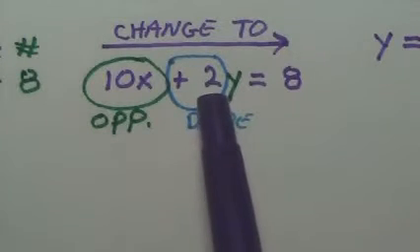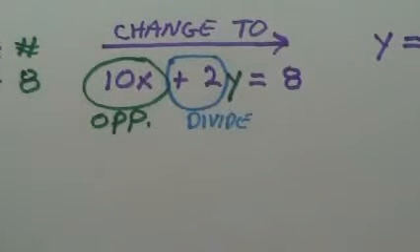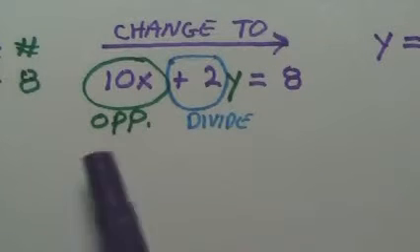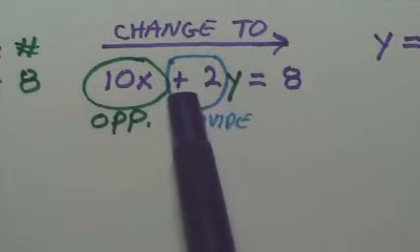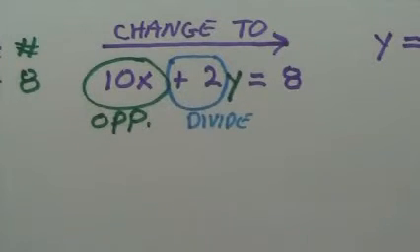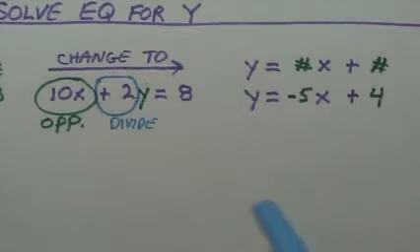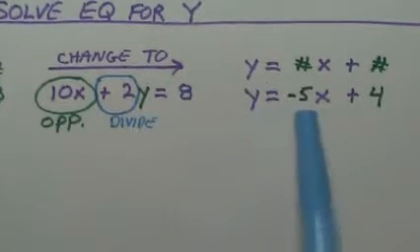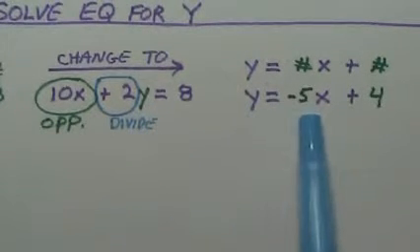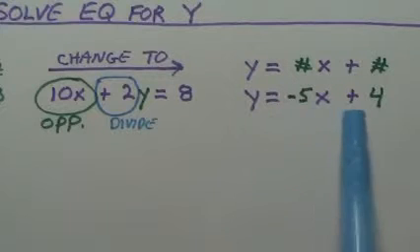Remember, to get rid of the coefficient, we usually either multiply or divide. So the opposite of 10x is minus 10x, or negative 10x. And to get rid of the positive 2 here, I would divide by 2. When I take the opposite of 10x and then divide by 2, it's going to look like this: y equals negative 5x plus 4.